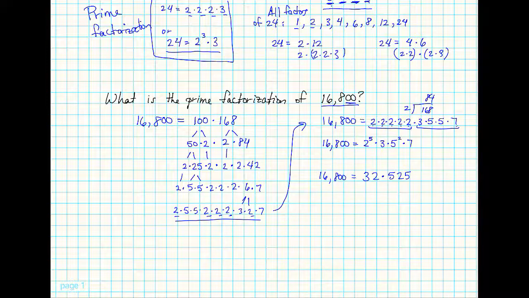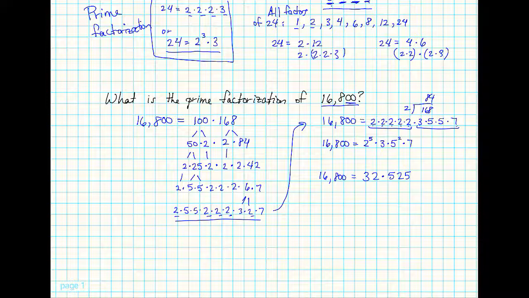Okay, so I could write 16,800 as a product of 32 and 525, which it wouldn't have occurred to me to multiply those two to get 16,800 just from looking at 16,800, but I can see that from the prime factorization. Okay, and basically you can take any combination of these prime factors to find some product that makes 16,800.